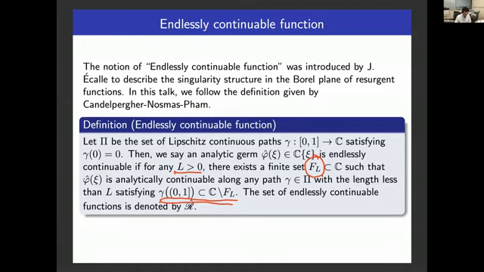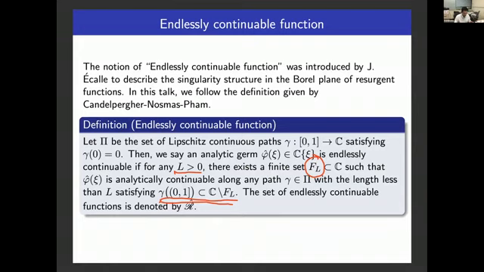In a sense, this definition says that pi hat may have singular points very much, but the singular points must appear finitely many if we restrict to a finite length of path.